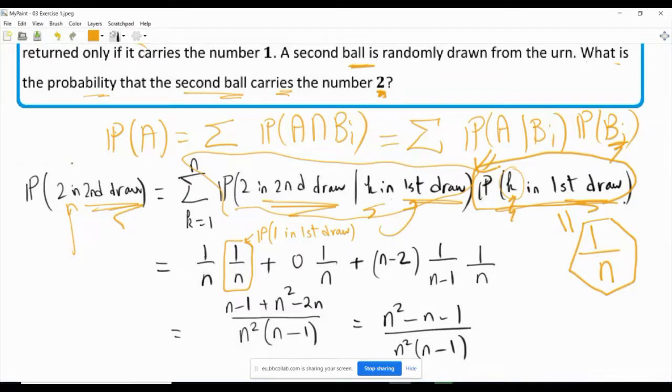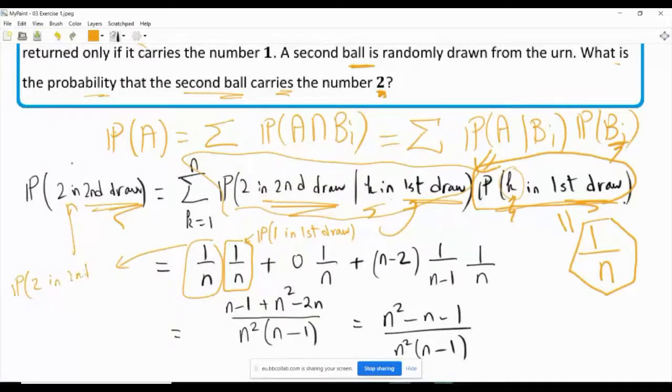So when you do the second part of the experiment, you start with n balls. Each ball has a number from 1 to n. And so the probability of getting 2 in the second row, given that your first number is 1, is 1 over n.